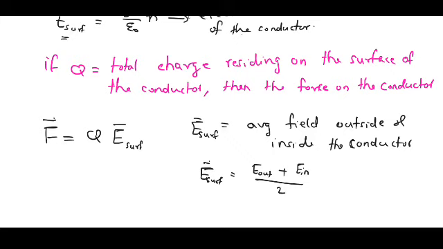We have already understood that E in is 0. E out we have already obtained, that is sigma divided by epsilon 0 n cap. If you substitute here, this will be sigma divided by epsilon 0 n cap plus 0, divided by 2. This will be sigma divided by 2 epsilon 0 n cap.